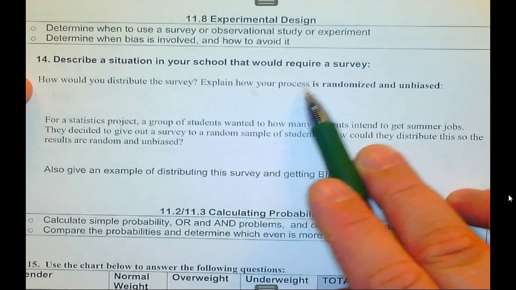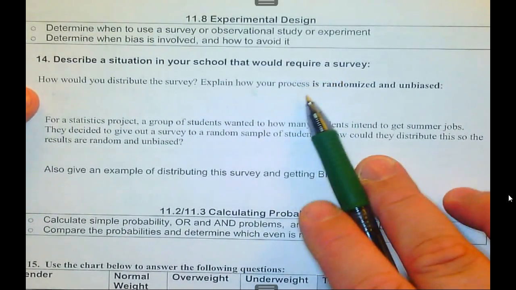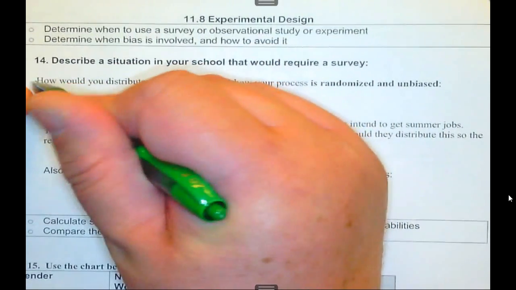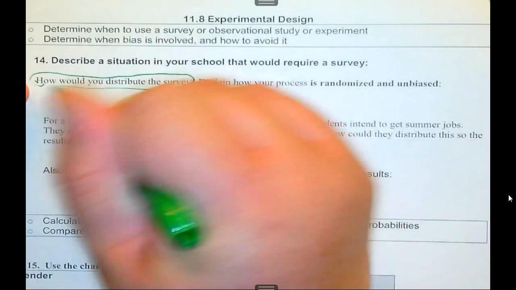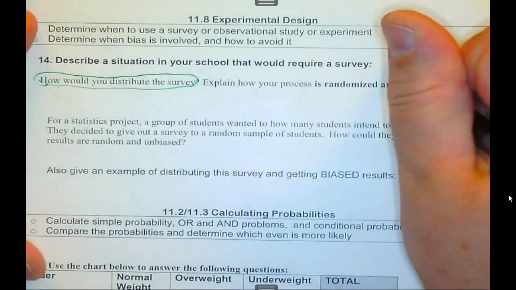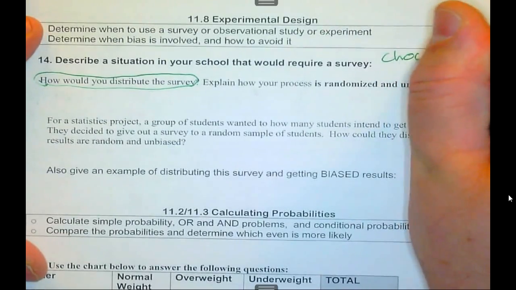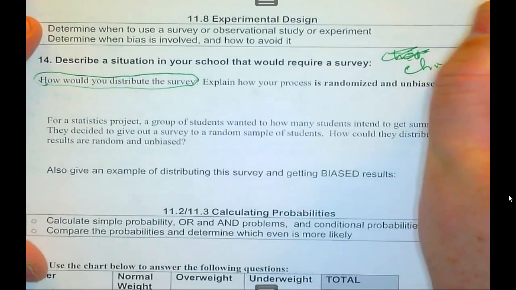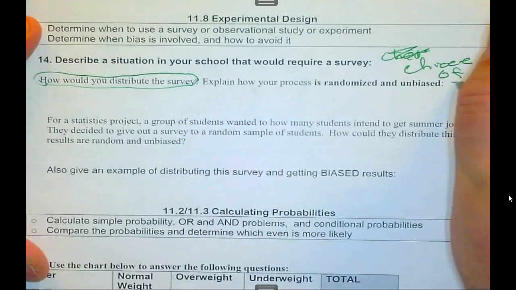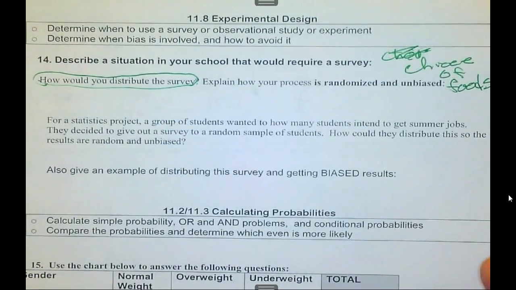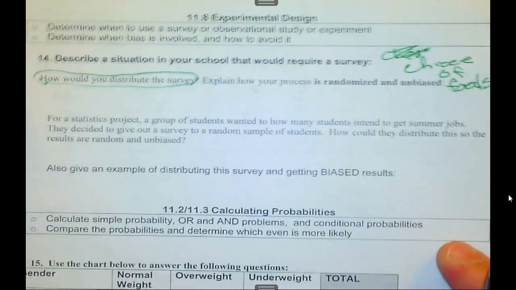Describe a situation in school that would require a survey. How would you distribute? Say we want a choice of better food. That would be a survey. Choice of foods. So we're going to start a survey. You want pizza or hot dogs or something like that.